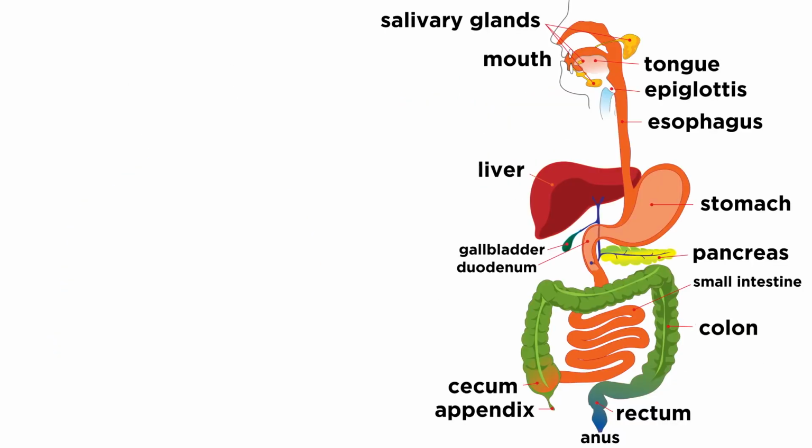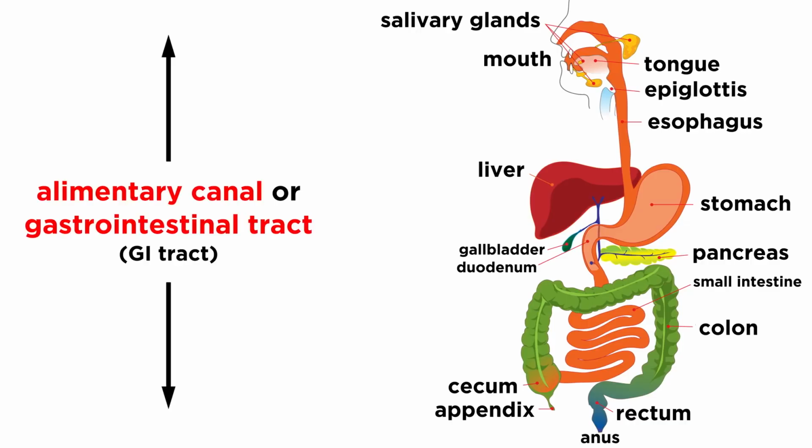The digestive system can be split up into two parts. The alimentary canal, also known as the gastrointestinal tract, or GI tract, is essentially one long continuous tube that starts at your mouth, where food goes in, and winds all the way down the body to end at the anus, where some of the food comes back out.